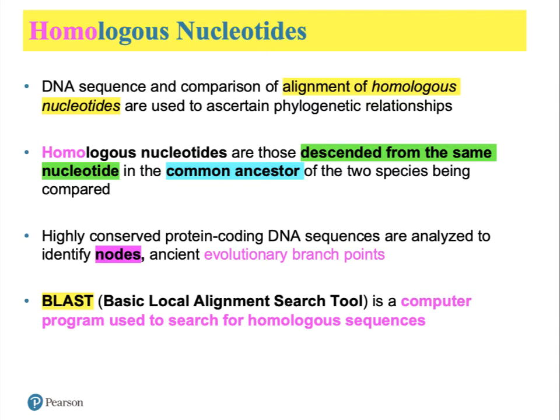Various landmarks are utilized, such as the highly conserved protein coding DNA sequences, and those landmarks are known as nodes in the branch points of the tree of life. Freely available computer software, such as BLAST, enables these alignments to be performed very quickly.